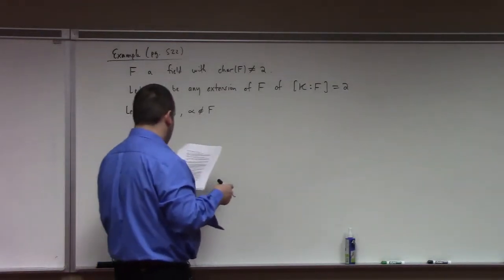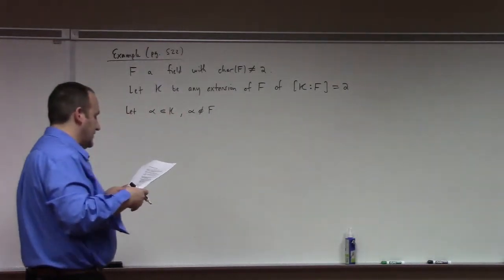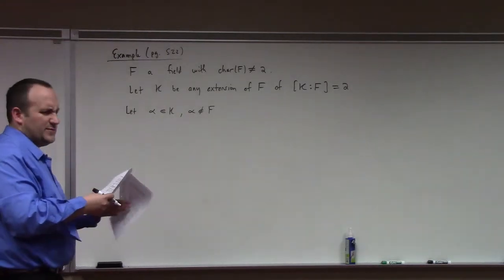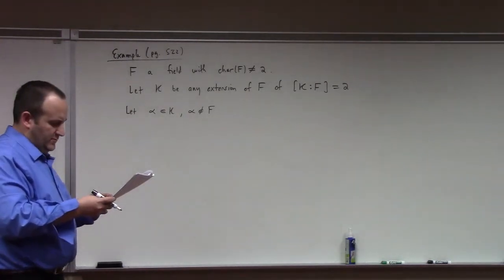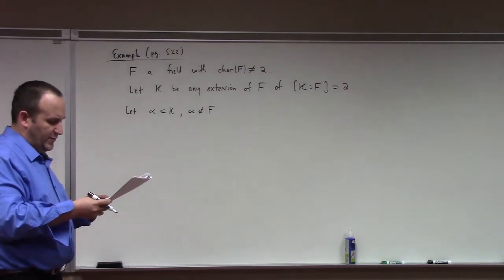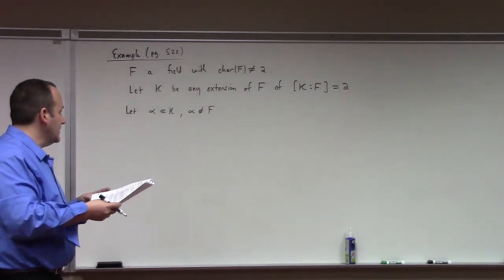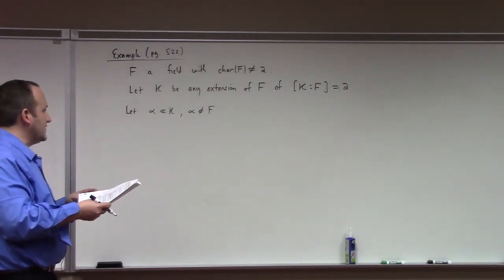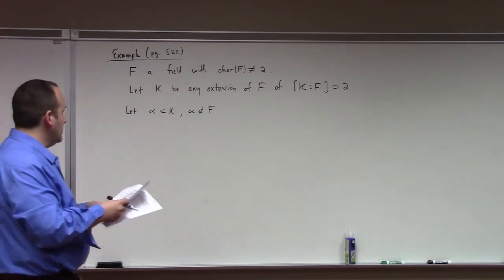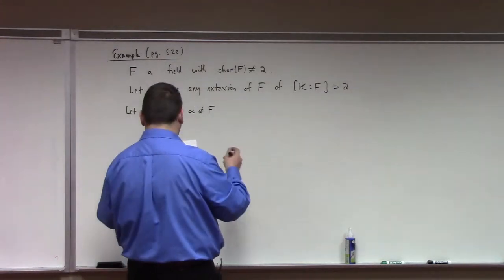Remember, it's been a little while since we did it, but if you go back to the proposition, I think this is the one I did AB, proposition 12. That's the one I broke out into parts. So that proposition shows us that the degree of alpha has to be at most what?